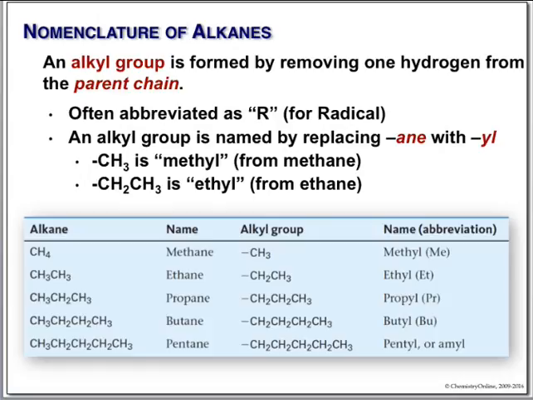Again, if we have methane, here's 1 hydrogen off, that's a methyl. 2 carbons is an ethyl, 3 is a propyl, 4 is a butyl, 5 is a pentyl, etc. So this is how we can name branches on our carbon compounds. Any questions?